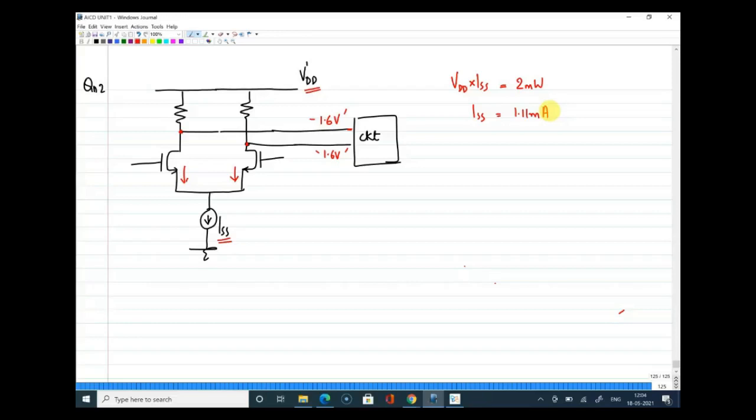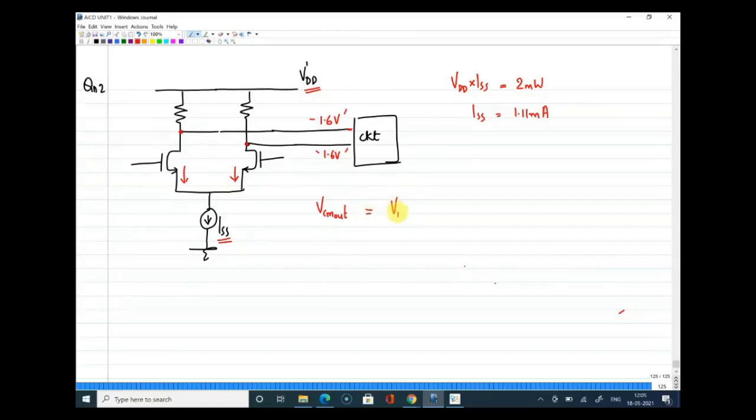Now, if that is the ISS value, I can decide the output common mode level. I just wrote the common mode output, VCM out, the output DC level.